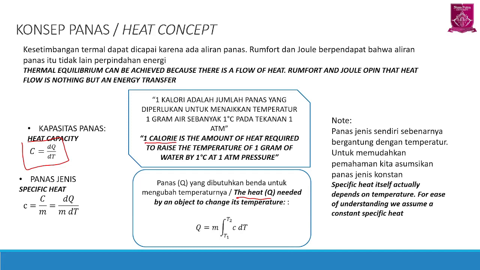Actually, we can simplify this equation to just Q equals m c delta T, where c is the specific heat itself. Actually, the specific heat depends on temperature, but to make it easier to understand, we can assume a constant specific heat.